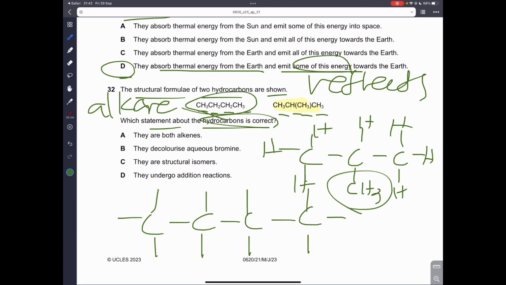However, when you count all the carbon atoms again, you can see that they both have 4 carbon atoms. They both have the same number of hydrogen, right? They all are single covalent bonds. They both are alkanes, and this means they are structural isomers, because the side chain is on the second carbon. So this is going to be C.